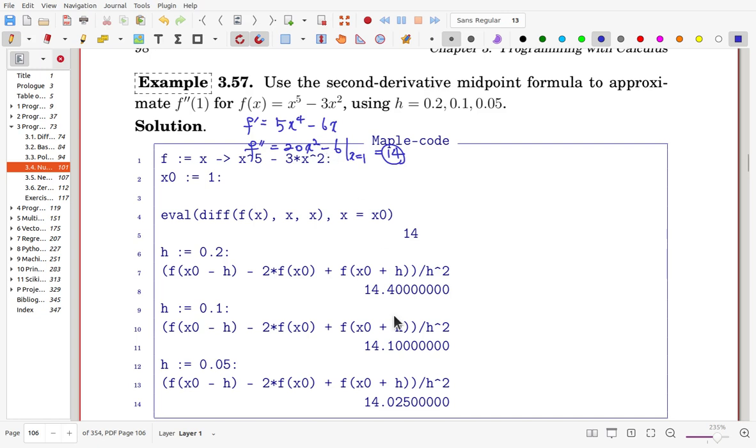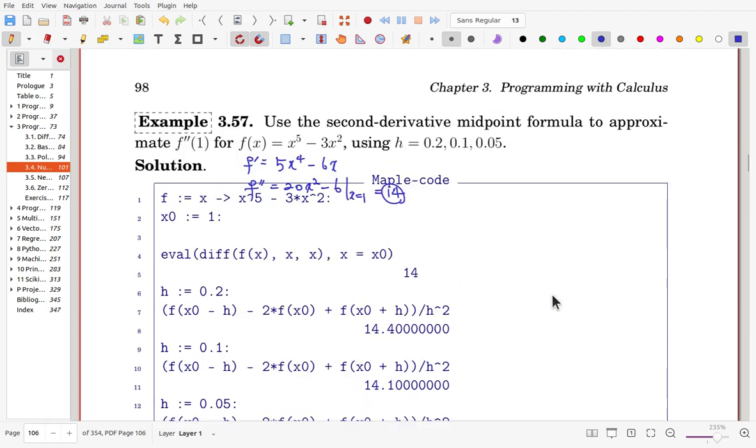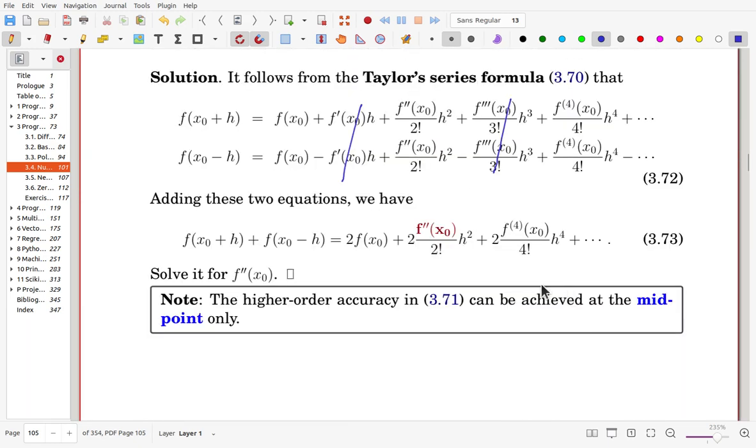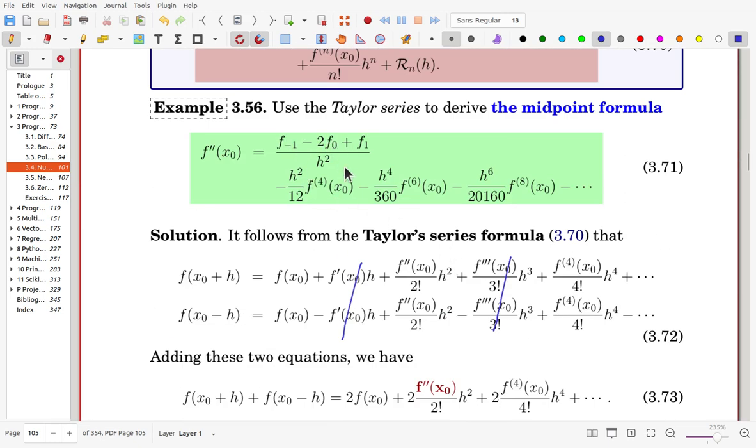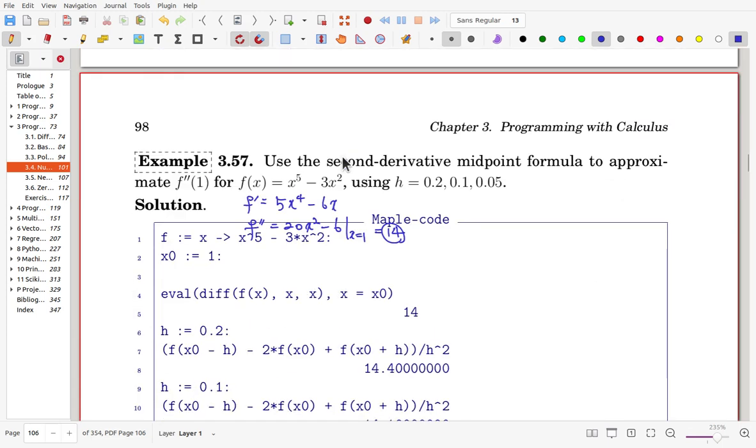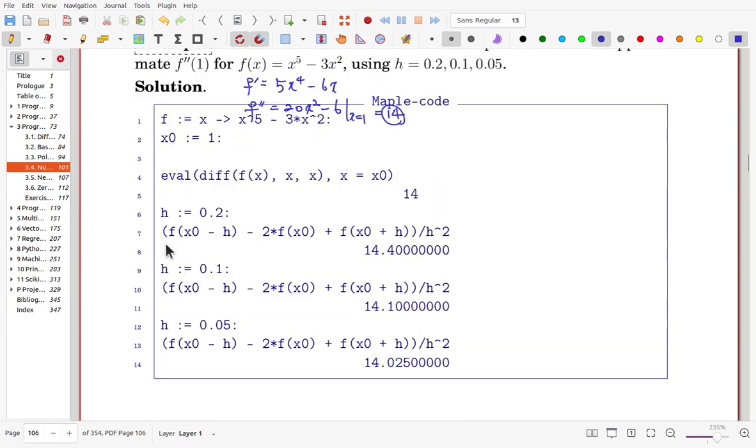Now we are testing the accuracy of the second derivative midpoint formula. That is f of x0 minus h, f of x0 plus h, combined and divided by h squared. That is exactly this formula. Now h is 0.2, and we have that one.